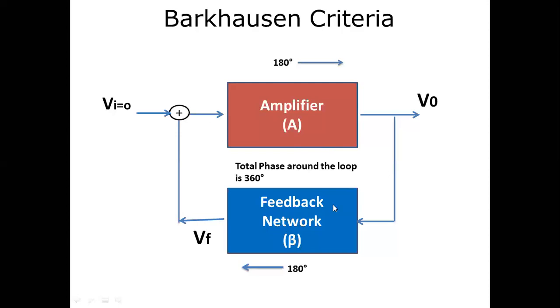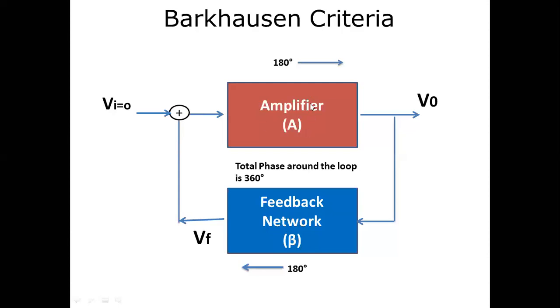This is the block diagram, and we can see that the input signal is 0. Here the mixer is optional, because the output of this VF can be directly connected to the input of the amplifier, since the input signal is 0.